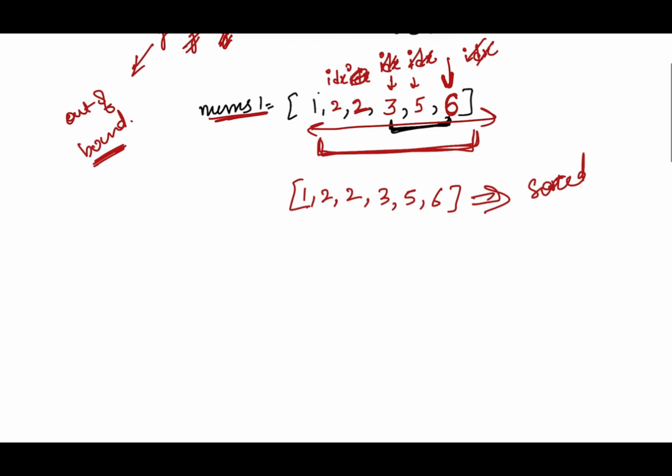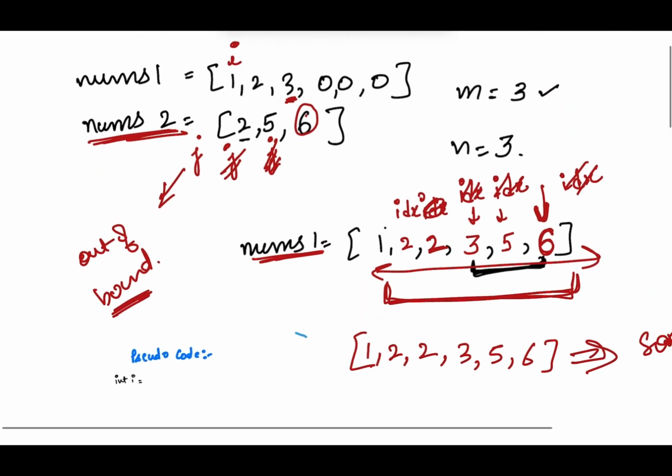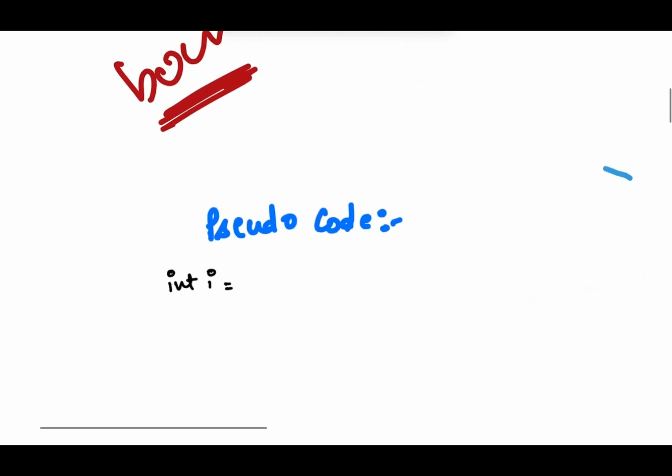Okay, now let's see the pseudocode, how we will write the code. We were using 2 pointers, let's say int I, and we placed that pointer at the very last element of nums1, which was 3, because there were 3 elements in this nums1, right? So we will use this m and place our ith pointer at m minus 1.